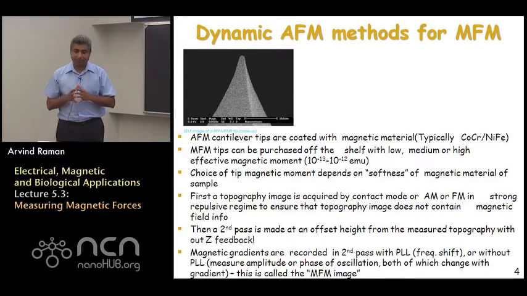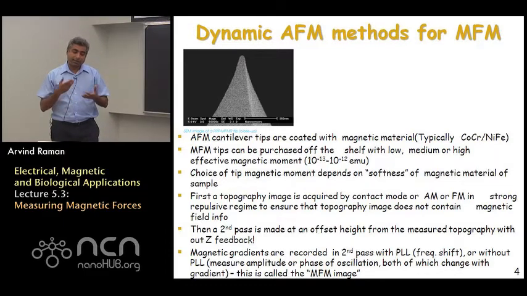The second interesting feature of magnetic force microscopy is that it's important to separate the topography of the sample from the magnetic force information. This is done in two ways. This is done by taking a topography image in the first scan using either contact mode AFM, or tapping mode AFM in the repulsive regime, or even frequency modulated AFM in the repulsive regime.